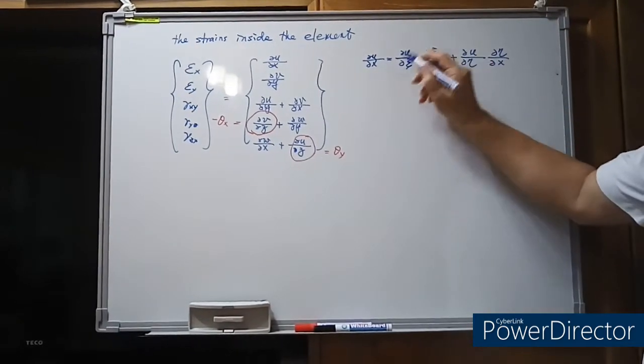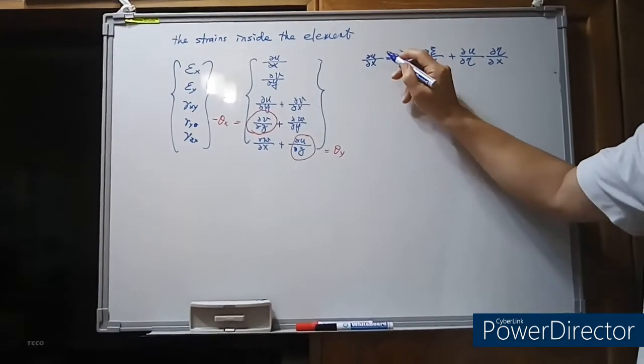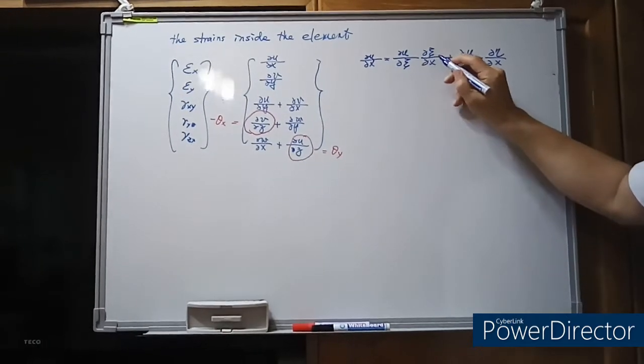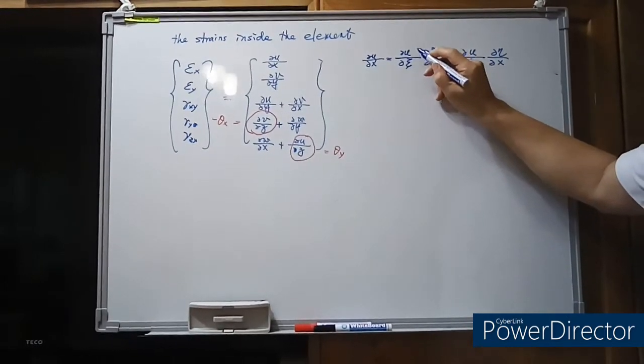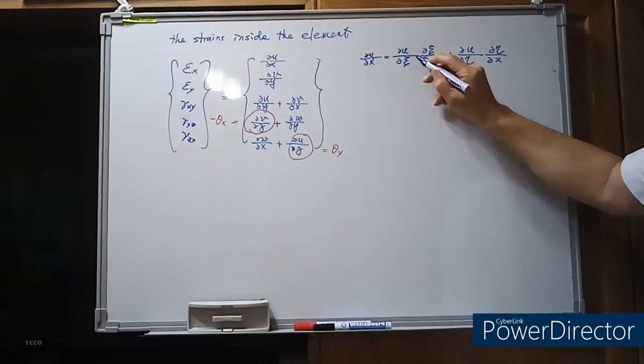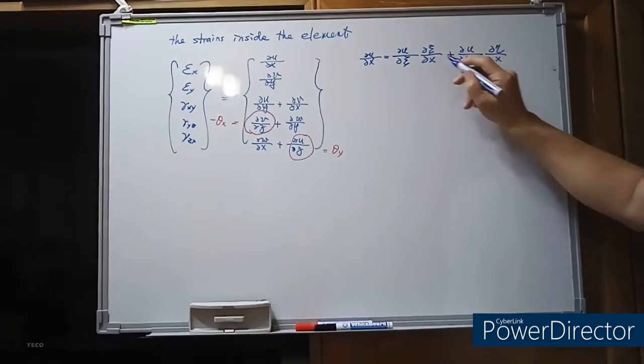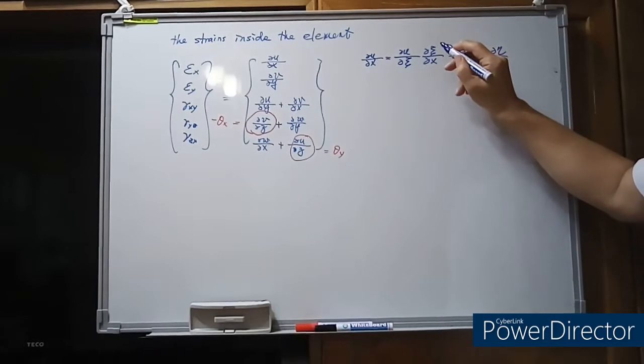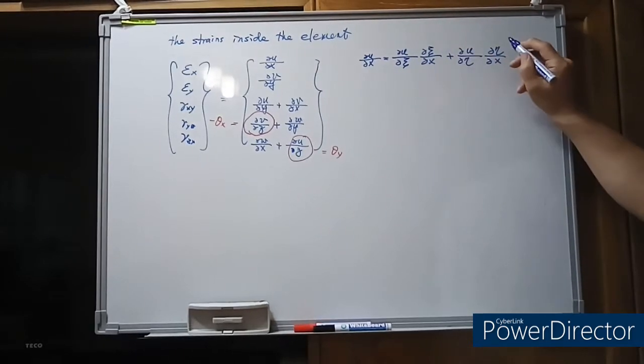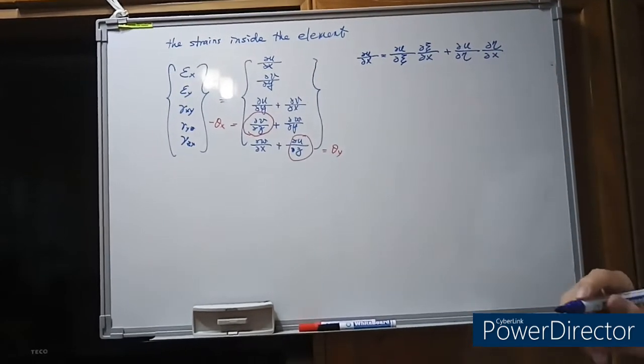So we will not directly calculate this term. First, we will use the chain rule. You take partial derivatives to the xi and eta, multiply by the partial xi to partial x and the partial eta to partial x.